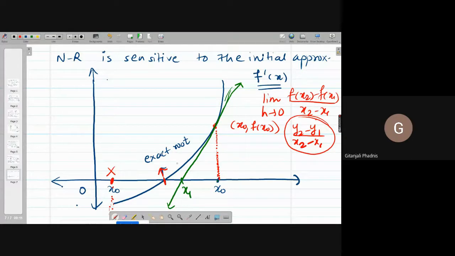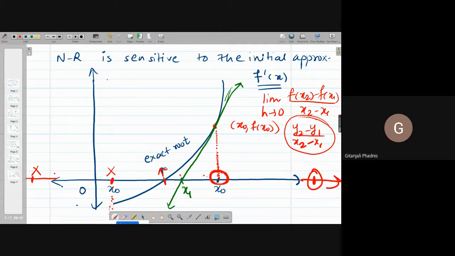What yes? You can draw it or you cannot draw it? Cannot draw. So now I have to choose. That's why I'm saying that when you take a correct initial approximation, then you can reach the root. If your initial approximation is wrong, somewhere here, you will never get the answer. So your initial approximation must be correct.